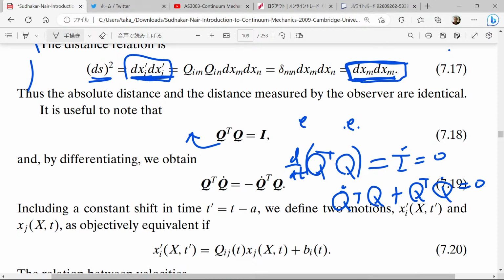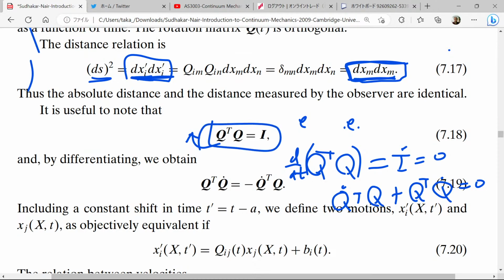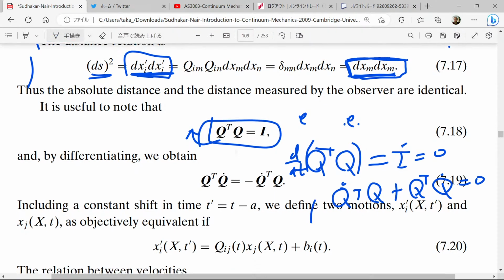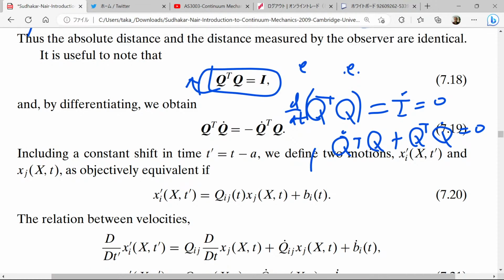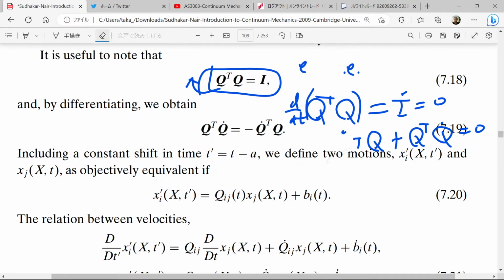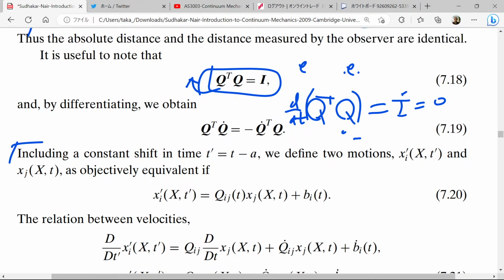Then this rotation has such a relation because it is an orthogonal matrix. We derived this one already, right? Then the next one is also a subtle point, including a constant shift in time.